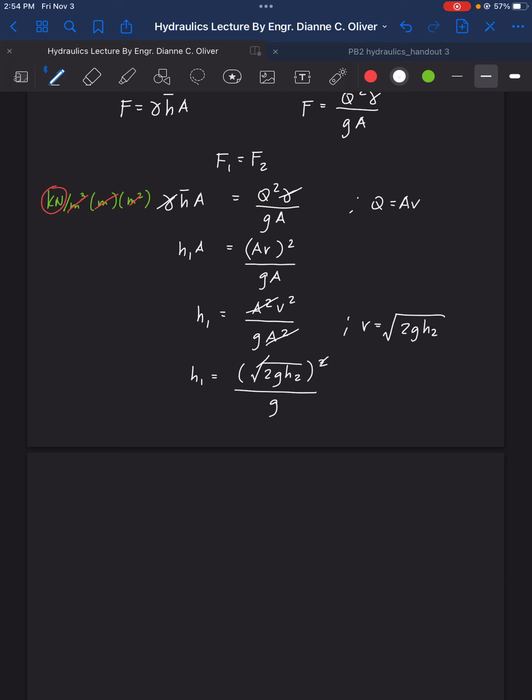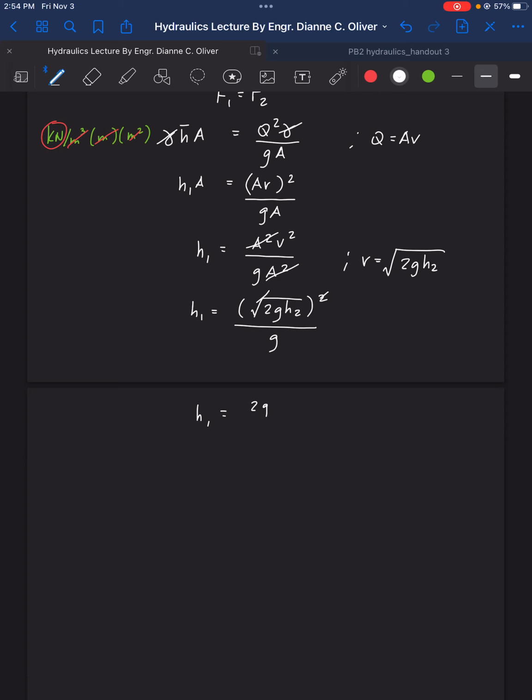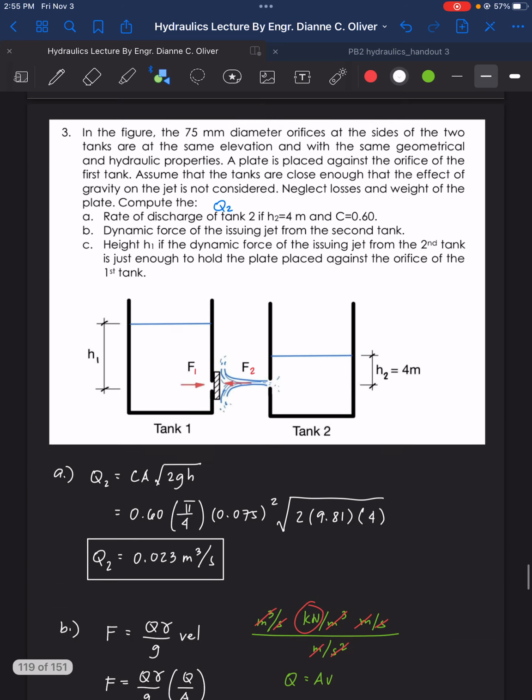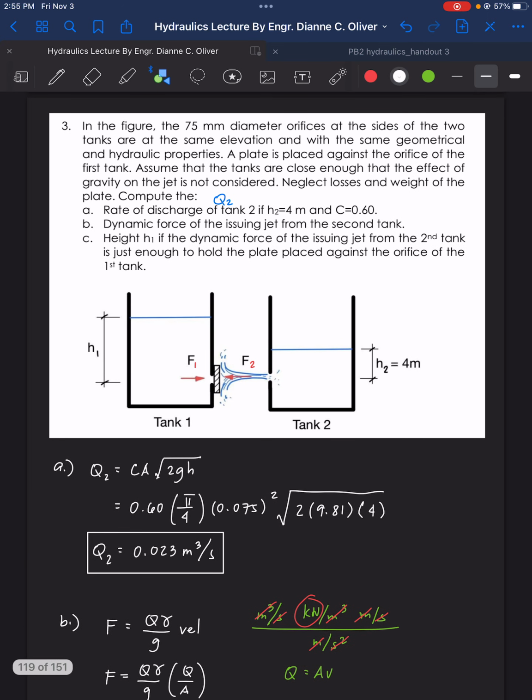We can cancel out the square there, so H1 is 2gH2 over g, cancel g. So H1 is 2H2. H1 is 2 times 4 meters. So H1 is equal to 8 meters.